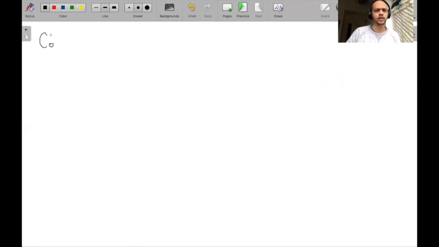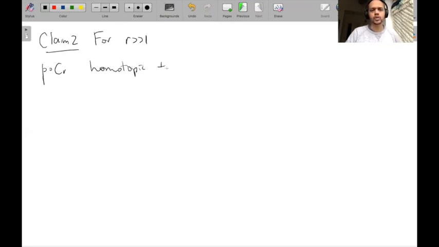On the other hand, claim 2 is that for R really large, P composed with C of R is homotopic to the map F, which sends T to R e to the 2 pi i T to the N.